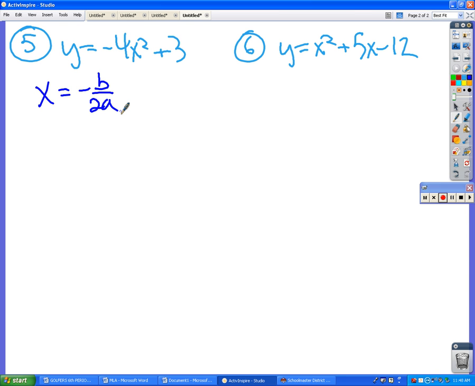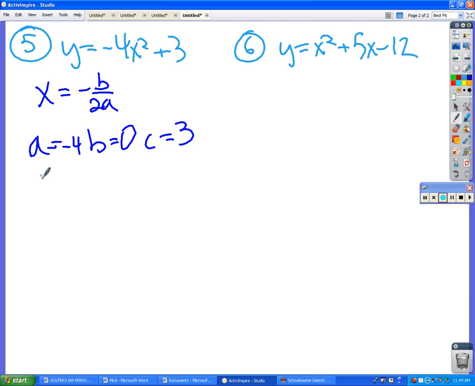So in order to start in on these, I need to first figure out what a and b and c are. So what is a? Negative 4. Negative 4, good. This is a tricky one. What's b? 0. Because b is the number that's in front of the x term, and since there is no x term in this equation, that means b is 0, and that leaves us c is 3.